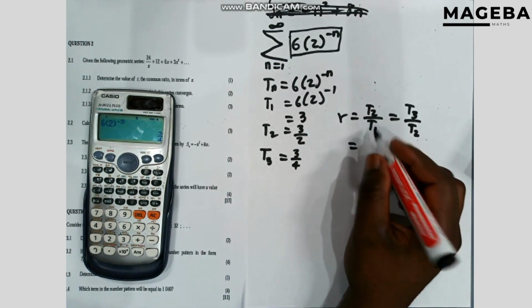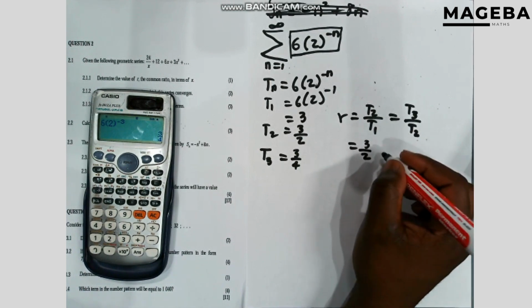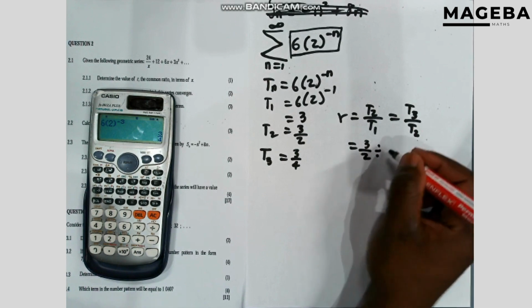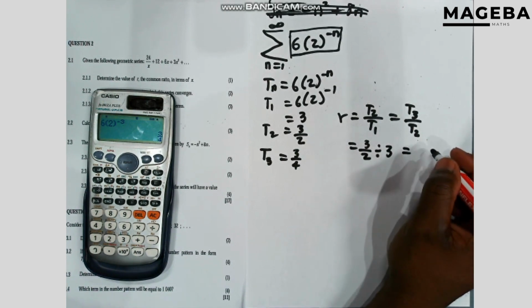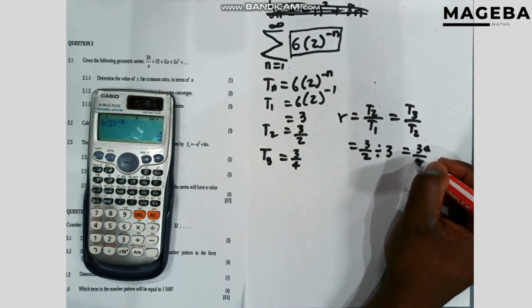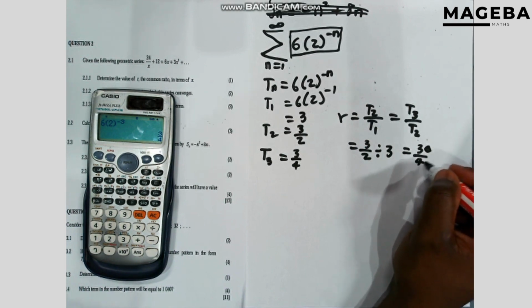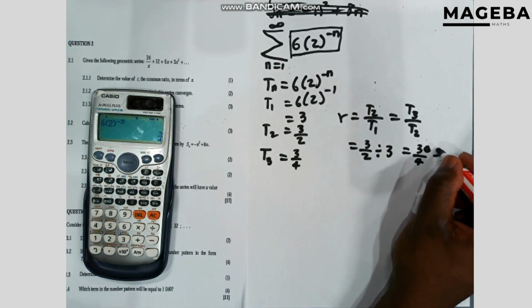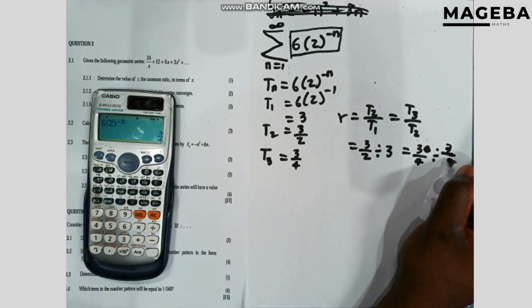Then our second term, which is 3 over 2, divided by t1, which is 3, equals, and t3, which is 3 over 4, divided by t2, which is 3 over 2.